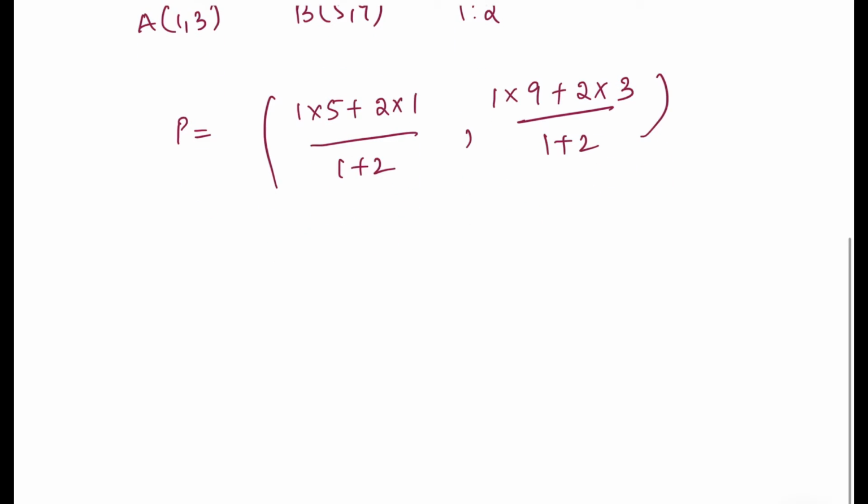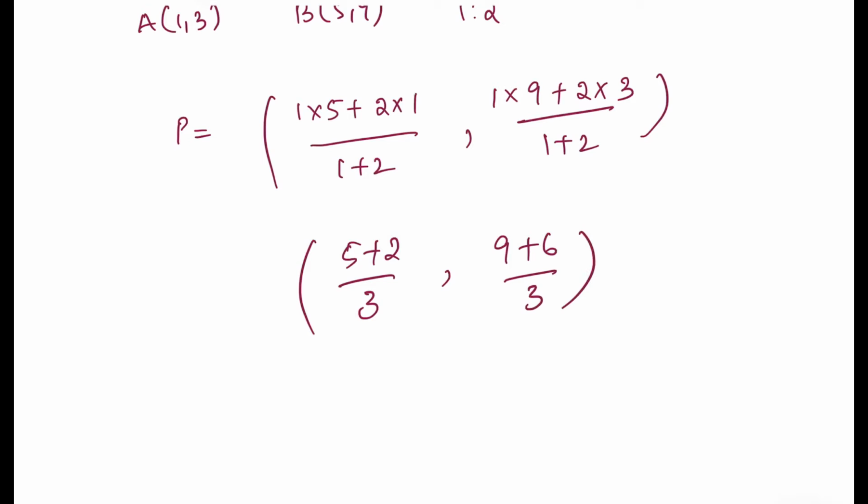So we'll get 5 plus 2 by 3 and 9 plus 6 by 3. 5 plus 2 is 7 by 3, and 9 plus 6 gives 15 by 3. So the values you get are 7 by 3 and 5. Hope it's clear to you children how you are getting it. You just substitute the values in the given formula and you get the answer.